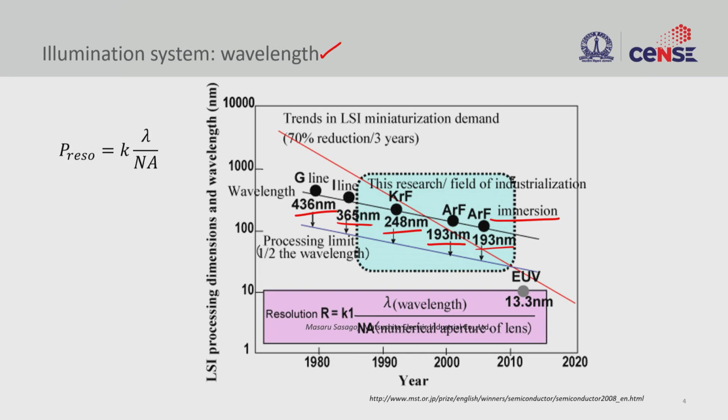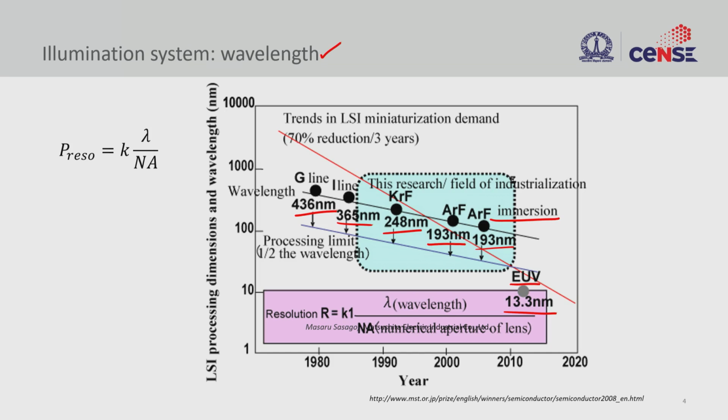But now if you want to go to 10 and below 10, we need to also reduce the wavelength. So the technology that we are looking at is extreme UV. Things are in alpha and beta stage right now. We haven't seen any production tools yet, but research and development is actively done in this region. But in this lecture we will limit ourselves to looking at 193 and how people are evolving this process.